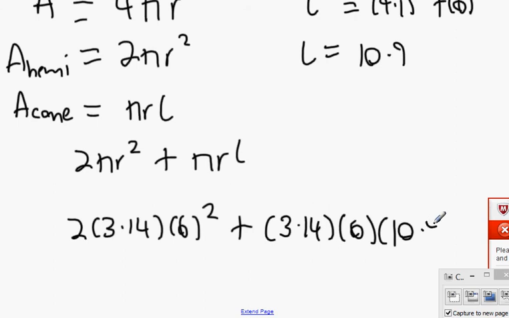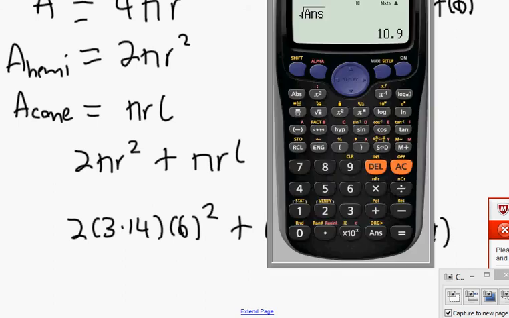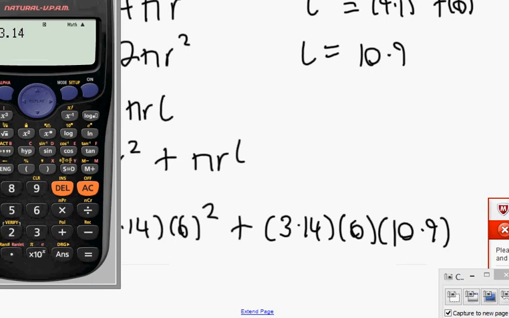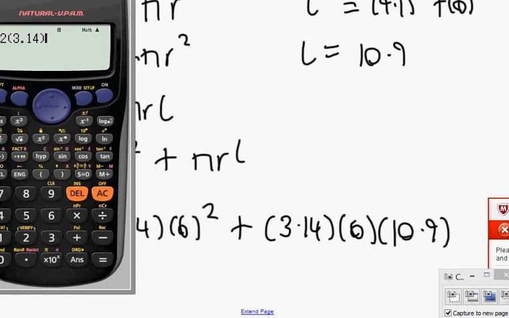All of that into the calculator in one go. How does that come out? 2 times 3.14, that's the start of it, and then 6 squared.